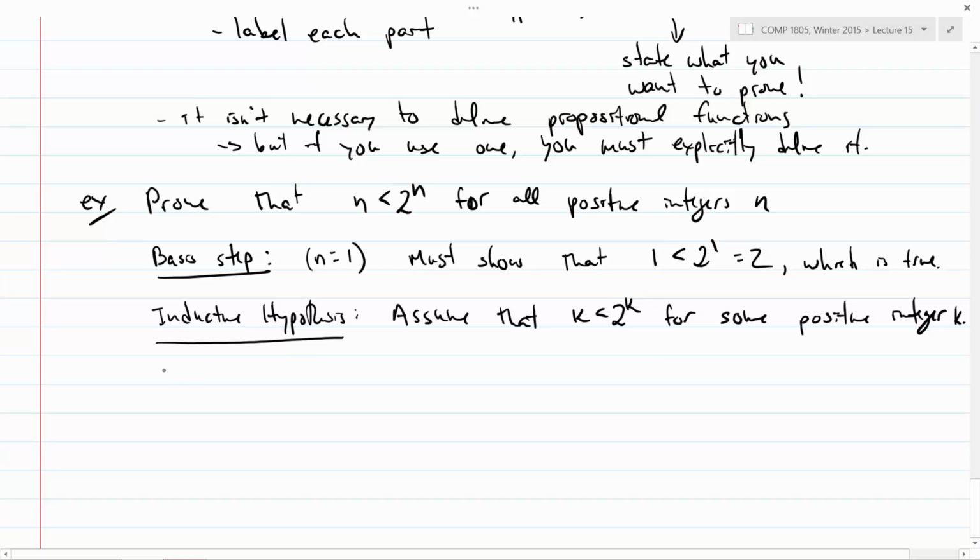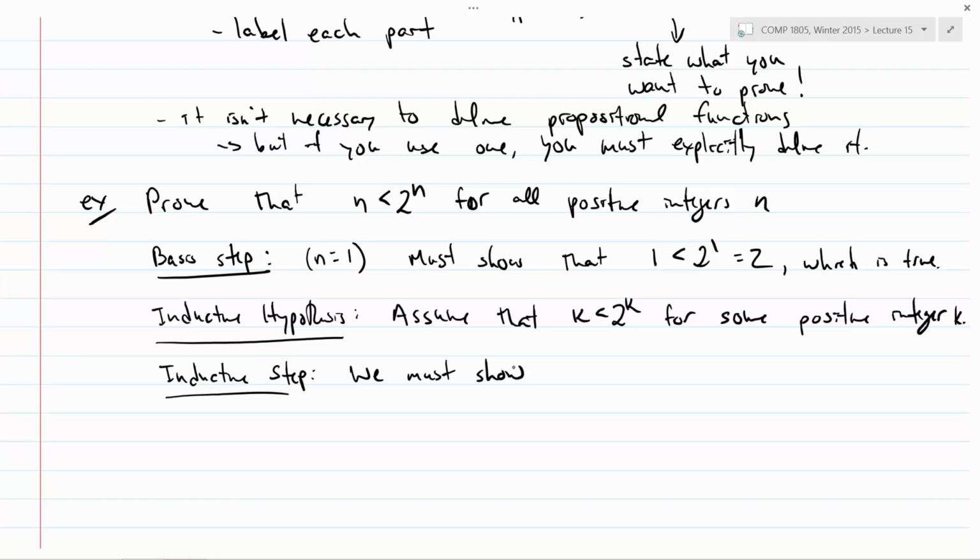All right, so after the inductive hypothesis, we have the inductive step. In the inductive step, you should always start by writing down what it is you have to show. So we must show what? You assume the inductive hypothesis is true.